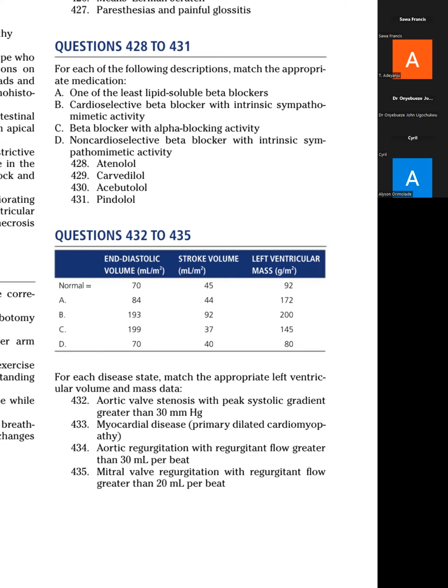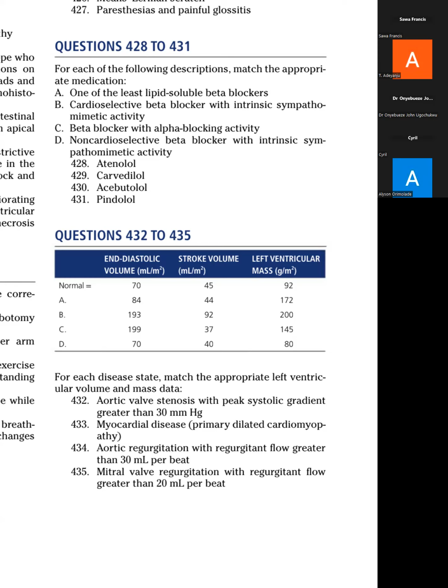So here we should expect the left ventricular mass to increase, and most likely that whereas the diameter will reduce, the volume will decrease. So what fits here best will be A, 432. I'm inclined to shade A as it. That is to say, there is a reduction in end diastolic volume, reduction in stroke volume, but the left ventricular mass is markedly increased, 172 as against 92.